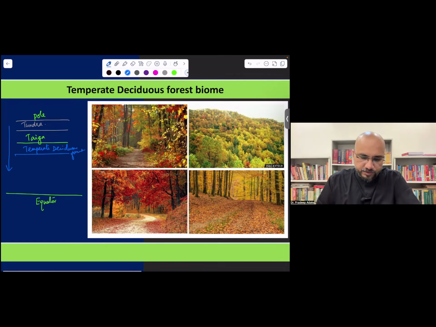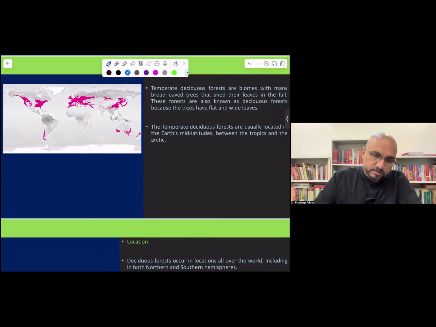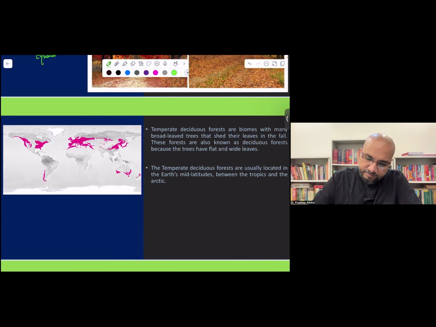All right. So these are temperate deciduous forest. They are found in temperate regions. So where are they found? The location. Temperate deciduous forest biomes have many broad-leaf trees that shed their leaves in the fall, that is in autumn, just before the winter.